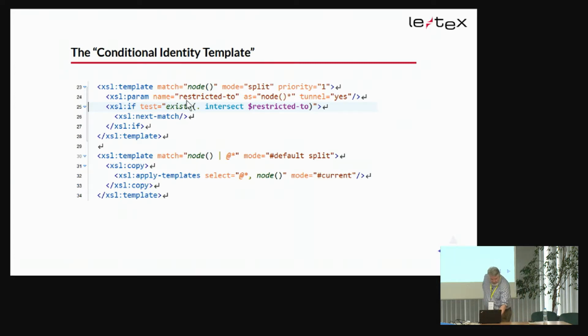Remember, we process the whole tree starting from the top level TEI element, and for each element and each text node, it will check whether this given node is contained in that restricted-to parameter, which for each group is the upward projection. If it isn't, it simply doesn't emit anything, and if it is, it invokes the next match, which would be an ordinary identity template.